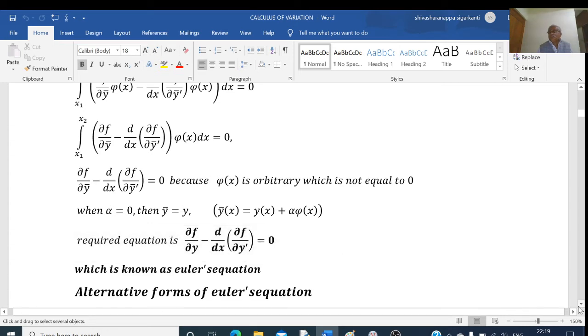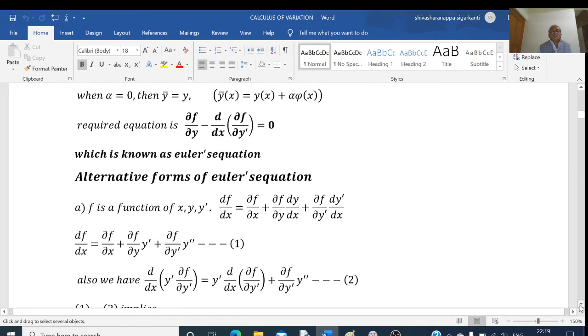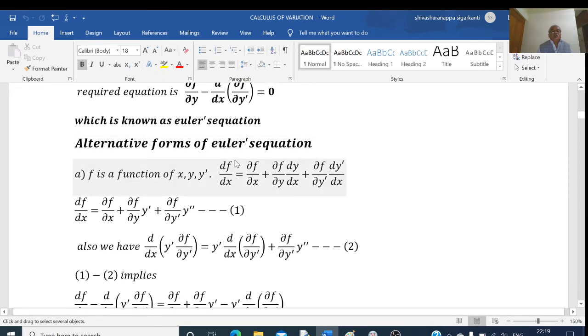Okay. Now here some alternative forms are there of this Euler's equation. We have the first form. F is a function of x, y, y dash.